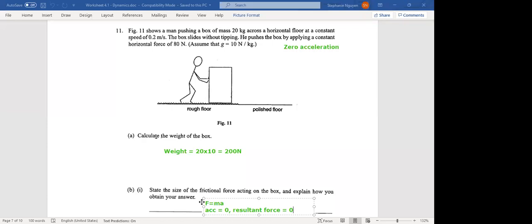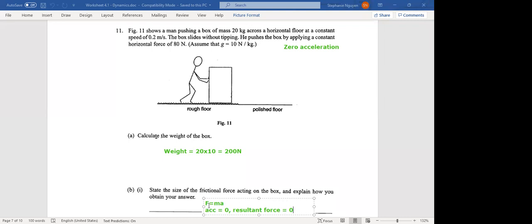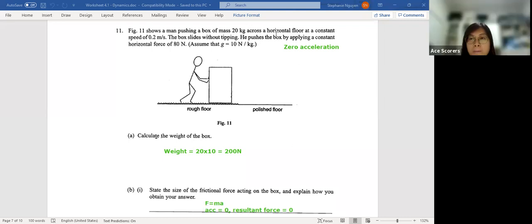Yeah. Okay, so resultant force is zero. What do you mean by resultant force is zero? Remember, we talked about balance forces. If the forward force and the frictional force are equal, they cancel out each other, then there'll be zero resultant force. Got it? Yeah. Okay, so let me scroll up.